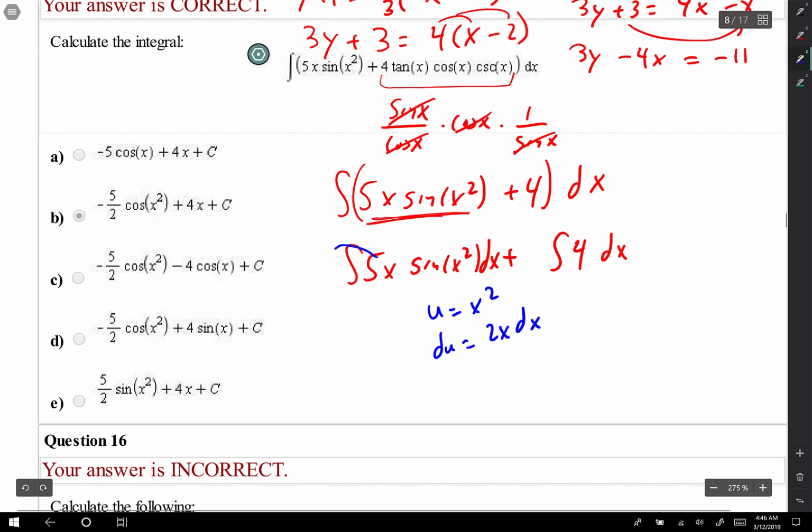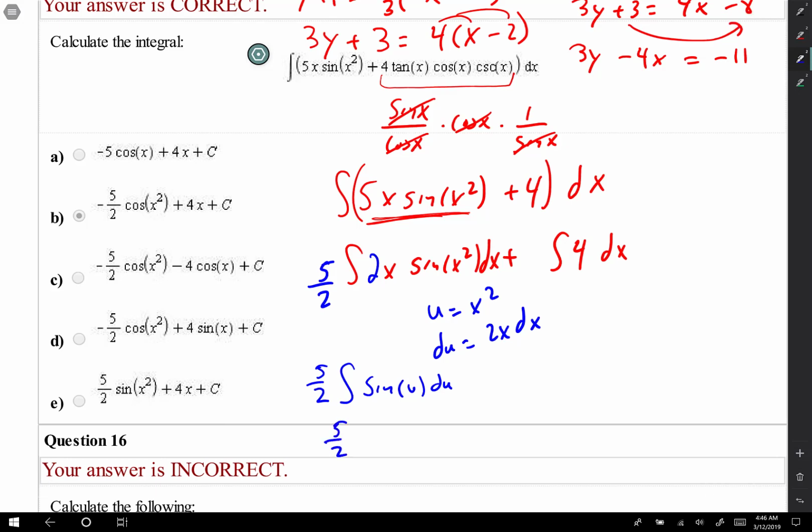I'm going to move the 5 to the outside, put a 2x dx in there, and balance it out by putting a 2 on the outside. So there we go. Now we're good. 5/2 integral of sine u du. So the antiderivative of that is 5/2 times, the antiderivative of sine u is negative cosine u.